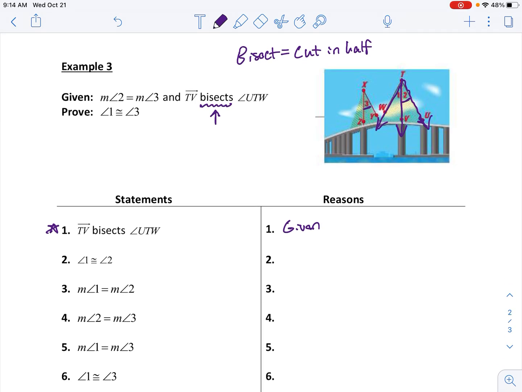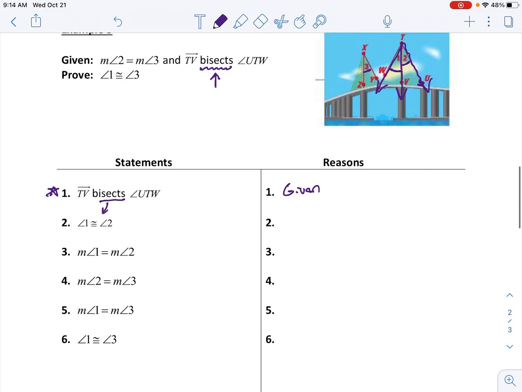So notice what I said here. If they're bisecting, then I know, looking at my picture, well, 1 has to be the same as 2. They have to be congruent. That is the definition of not just bisect, but of angle bisector. An angle bisector is cutting an angle in half. That's what gives me the two smaller and equal parts.